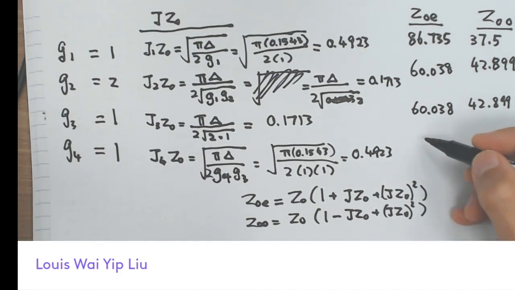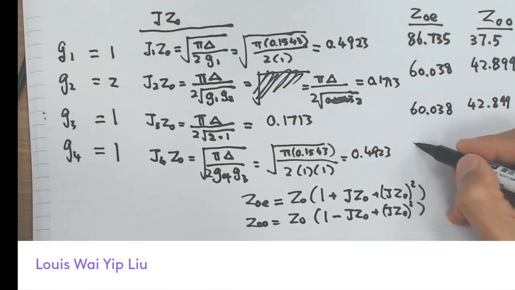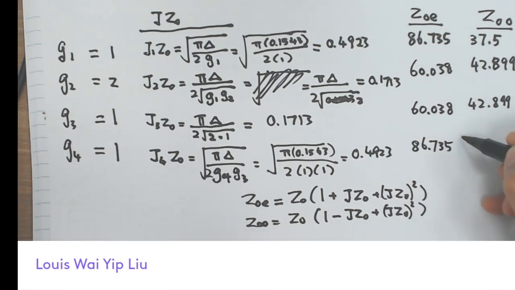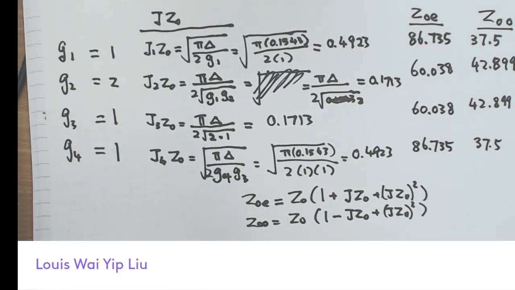And for the last stage, you will get the same value as the one for the first stage. So this is what you are going to get. And with this value, this is enough for you to design a filter.